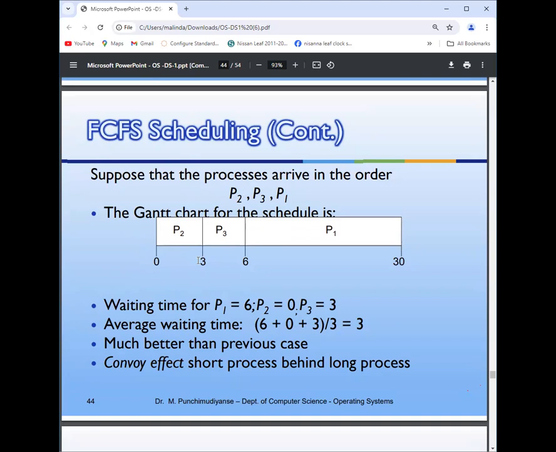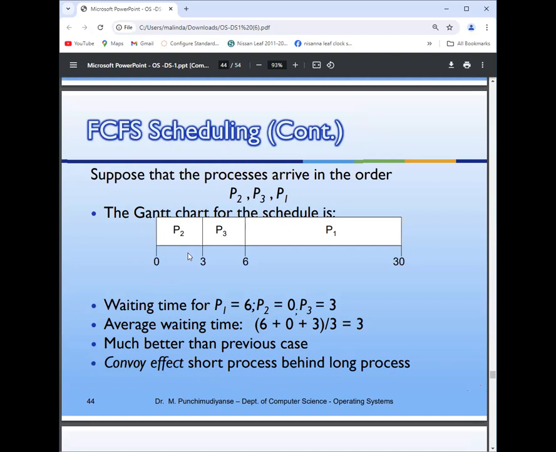A name is given for this concept: the convoy effect. Convoy effect means long running jobs are coming before short running jobs. In other words, short processes are behind the long processes. So this is a problem in first come first serve scheduling.